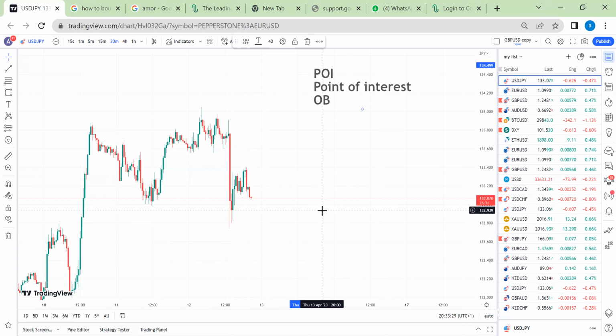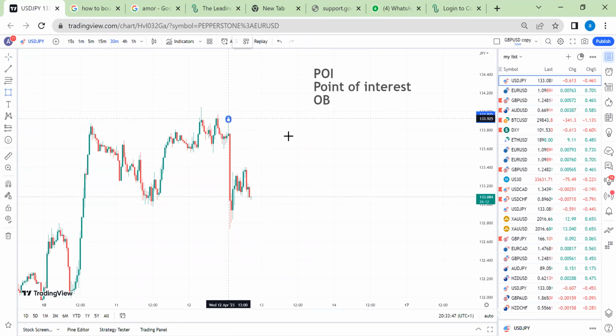Now, there are other things you can trade inside your demand and supply zone other than order block. It's not only order block you can trade in your demand and supply zone. For example, we have this order block right here.